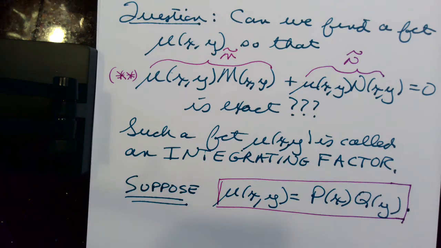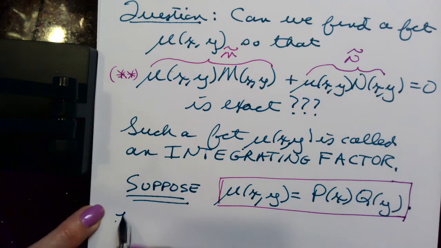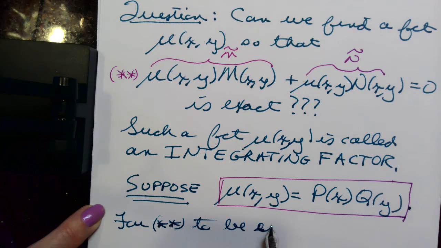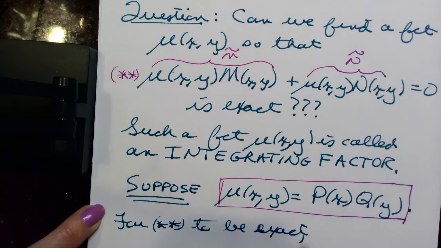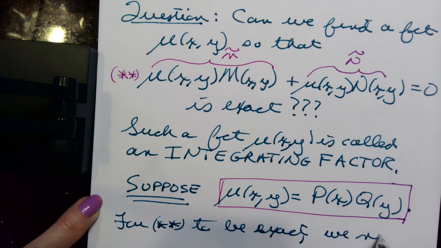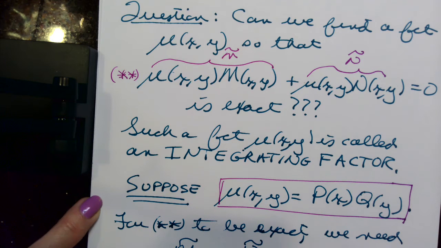Now what would exactness require? For double star to be exact, we need M tilde sub y equal to N tilde sub x.